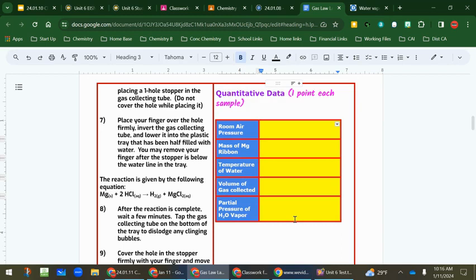That means for every mole of magnesium that you had at the beginning, you should have created a mole of hydrogen gas. It's a 1-to-1 ratio. So however much magnesium you had at the start, that is how much hydrogen gas you should have created. Okay? How much you should have created.